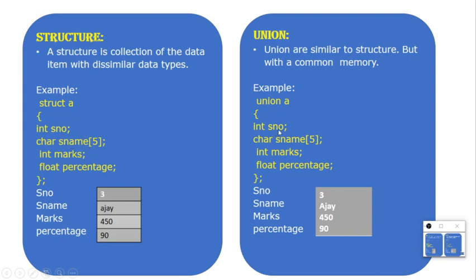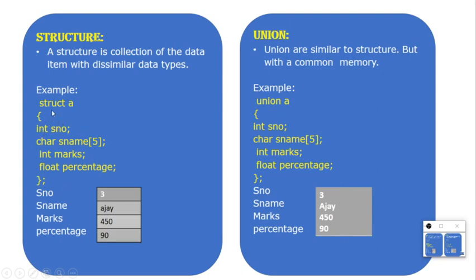Here also serial number, student name, marks, percentage. In the structure you can see the memory is separate: serial number memory is separate, student name memory is separate, marks memory is separate, and percentage memory is separate. Here in the union, all will share the common memory.